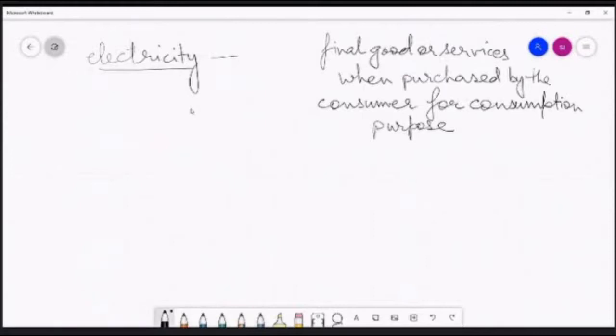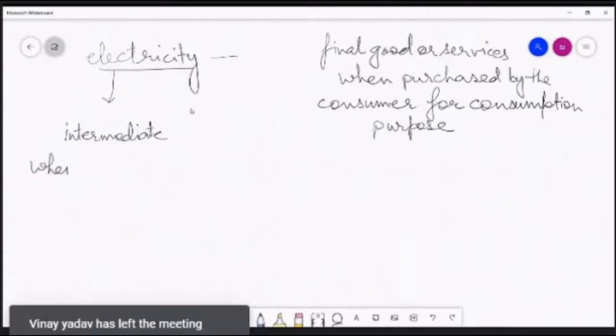And electricity can be considered an intermediate good or service when purchased by a producer or seller for further production.